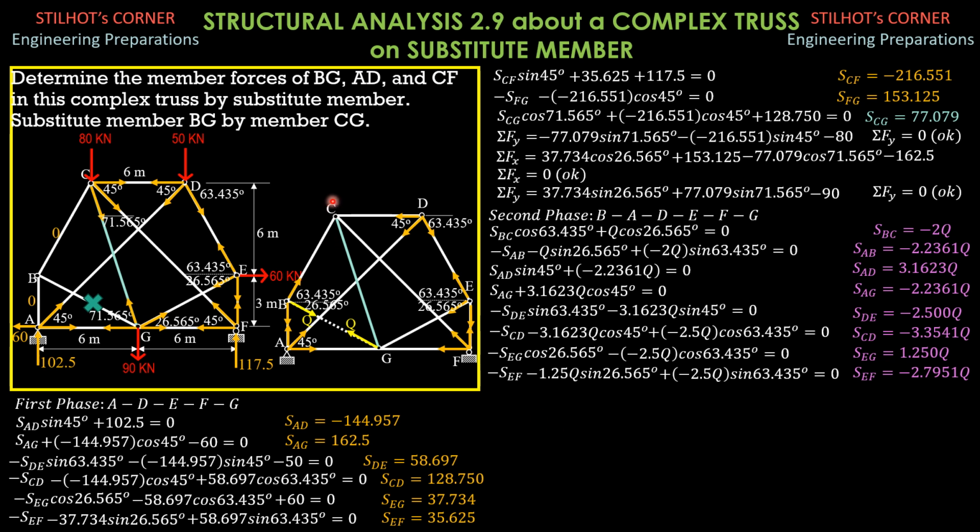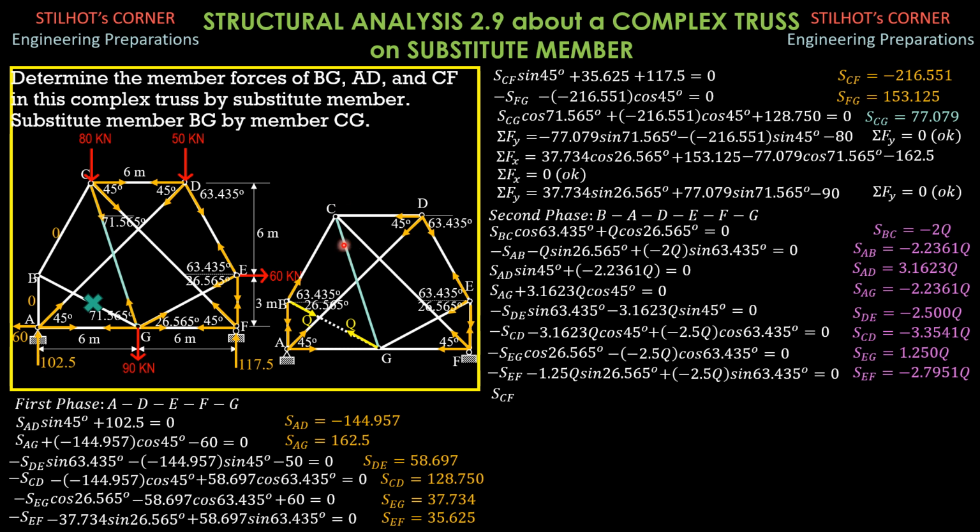Then we proceed to joint C, and angles, remember, from here. So first, summation of forces horizontal equals 0.